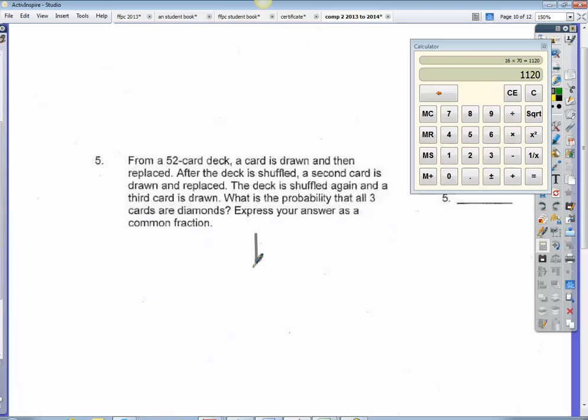So you have a 1 in 4 chance the first time, times a 1 in 4 chance the second time. Okay, so times 1/4. Oh my goodness, that's 1/64.